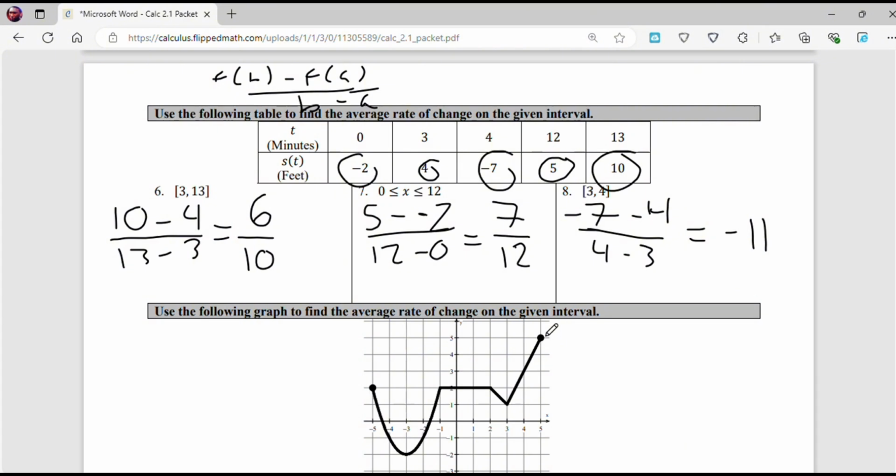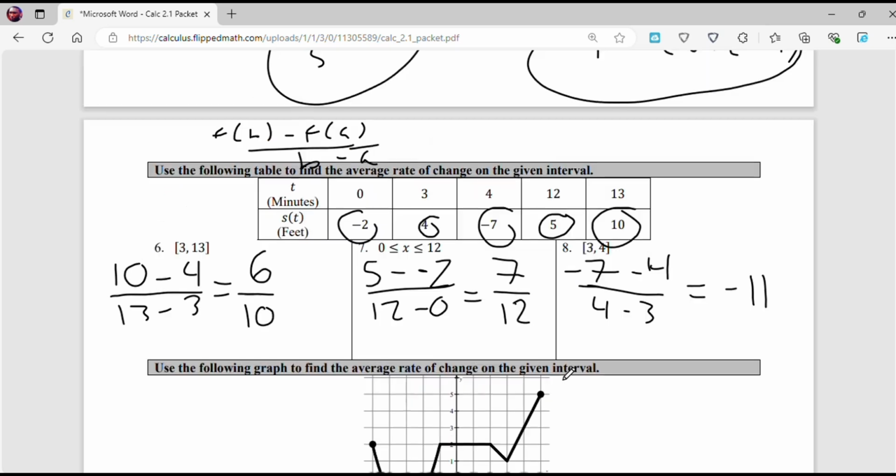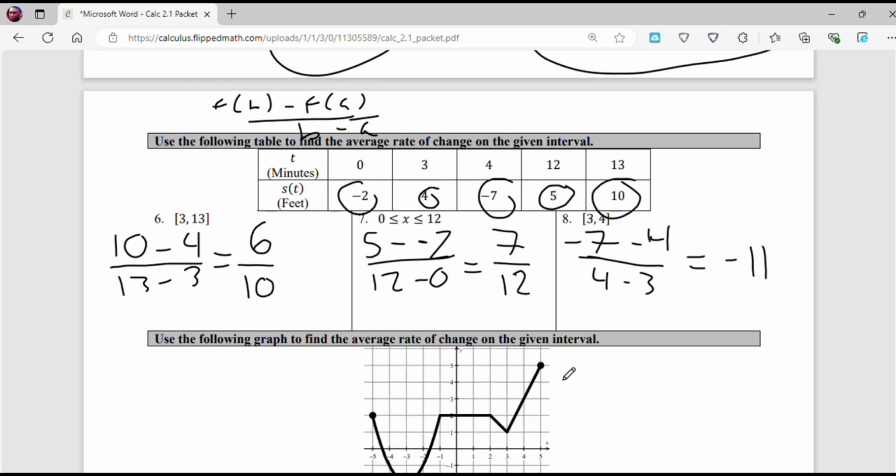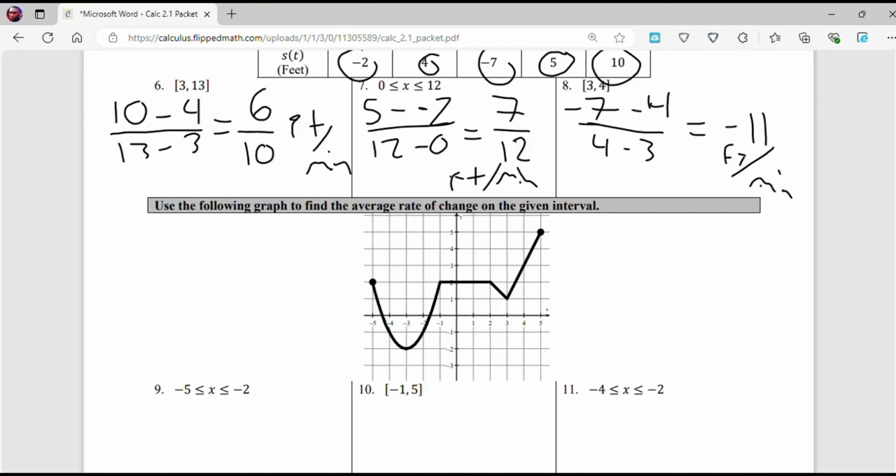Alright, and then hopefully that makes sense. It actually doesn't tell us to put the units, but you should get into the habit of putting the units just because you will get points taken off most of the time if you don't. And so yeah, these are our answers.